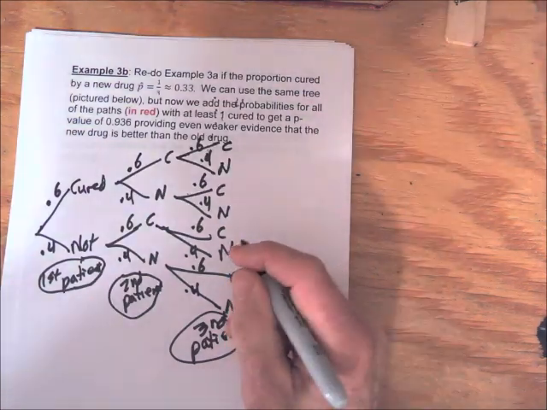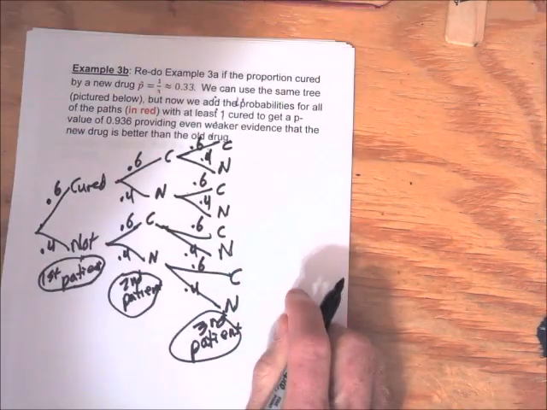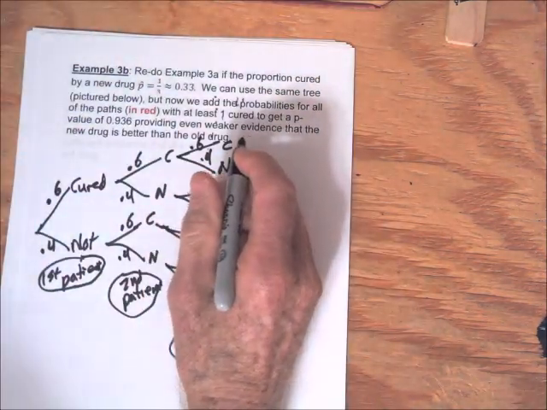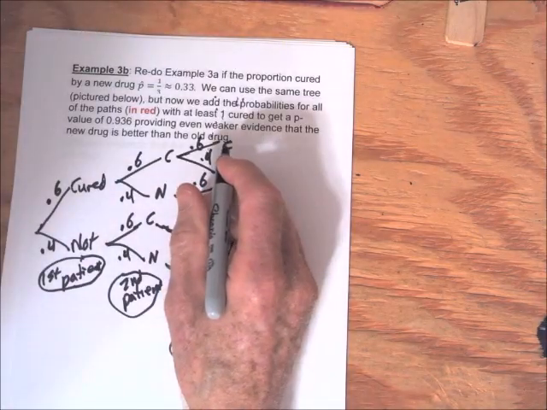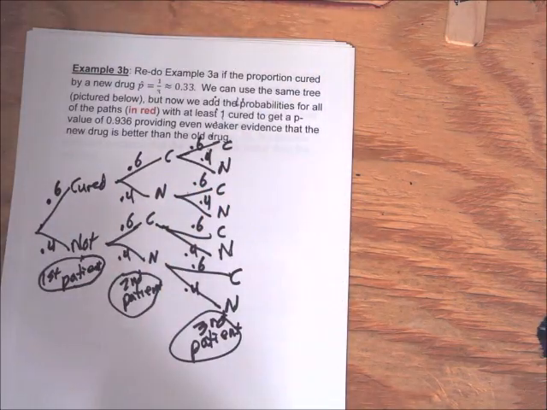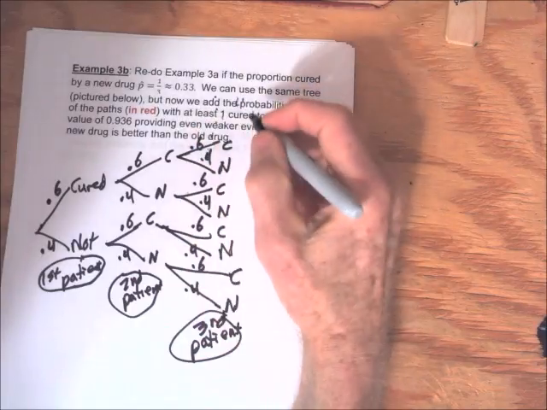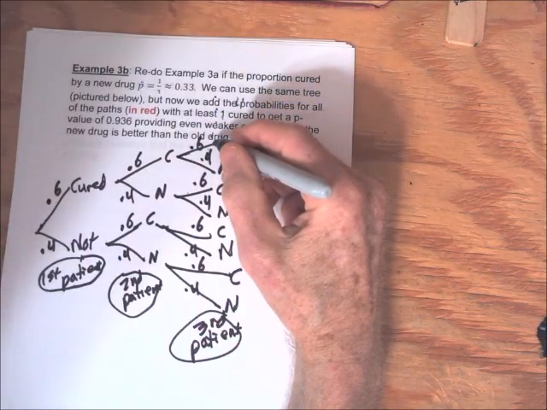Okay, so we want the paths where at least one is cured, because now in the second example, 3b, our sample proportion, the proportion cured, was 1 out of 3. So we want the chance where at least one was cured.